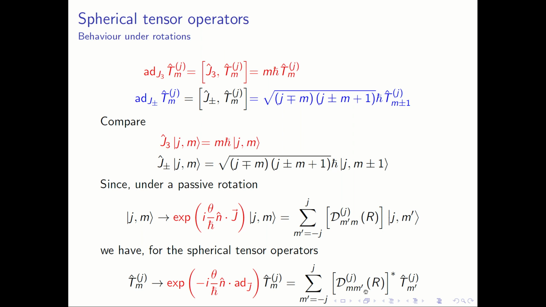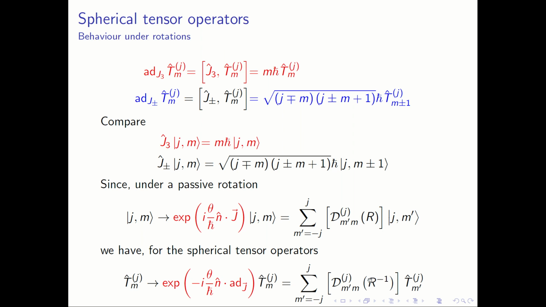So, this is the way in which T^j_m transforms when you rotate your coordinate system. It transforms almost the same way as the eigenstates |j,m⟩ do, but the transformation has a small difference. At the level of coefficients, the difference is you complex conjugate the coefficients and switch the two indices.